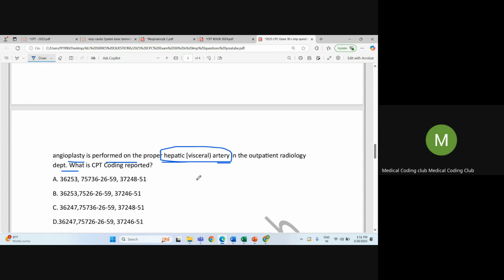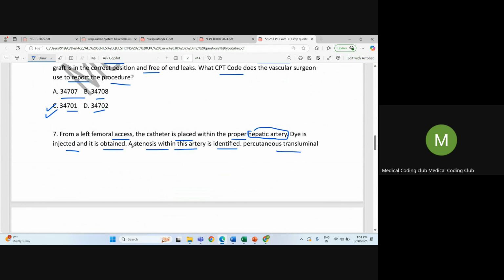So this procedure is a catheterization procedure, selective from left femoral. They are selecting a branch of the artery and then inserting the catheter. This concept we call selective catheterization.